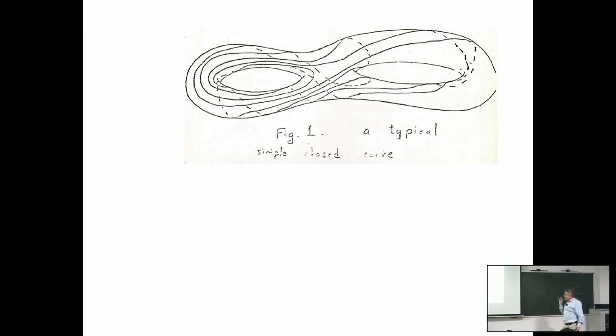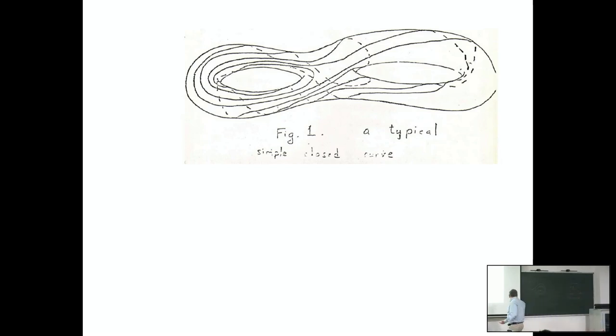The problem is to find an algorithm which says, when I draw a curve, whether it bounds a disk or not. So this is a complicated way of drawing a curve. I mean, there will be no algorithm which will solve the problem for a curve like this.